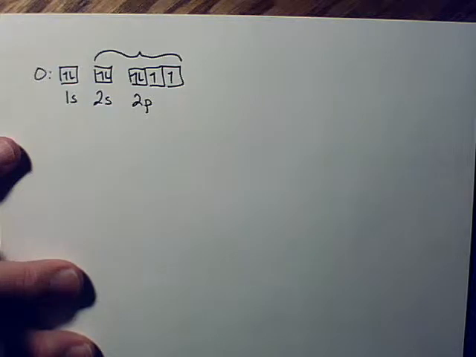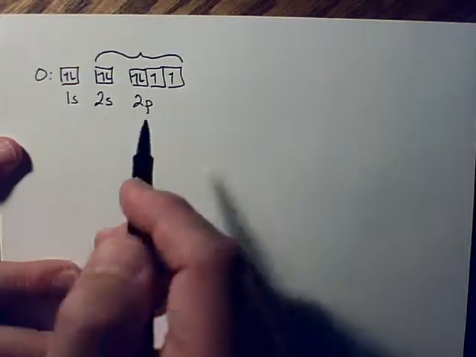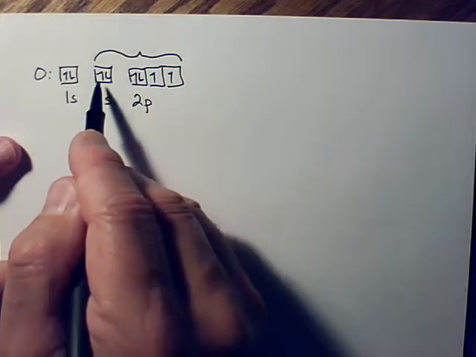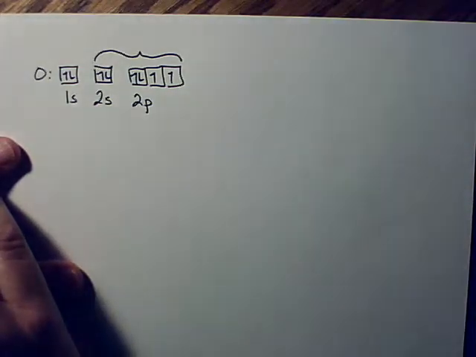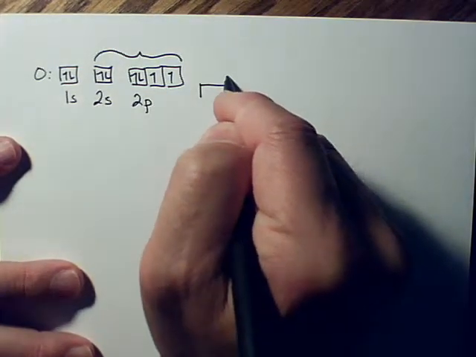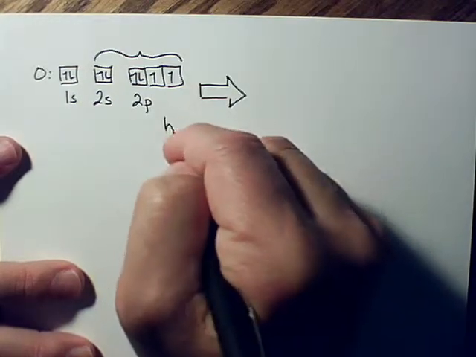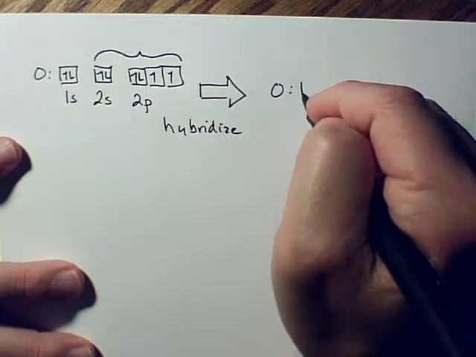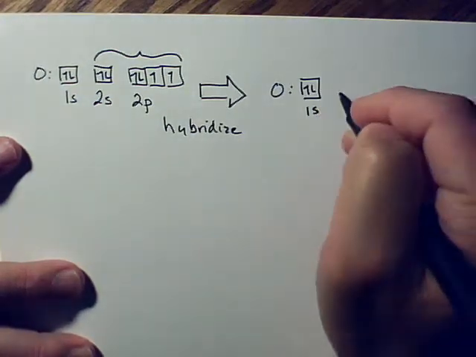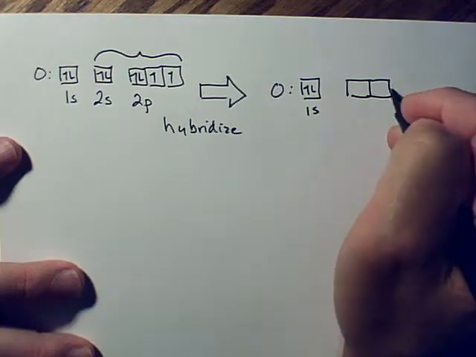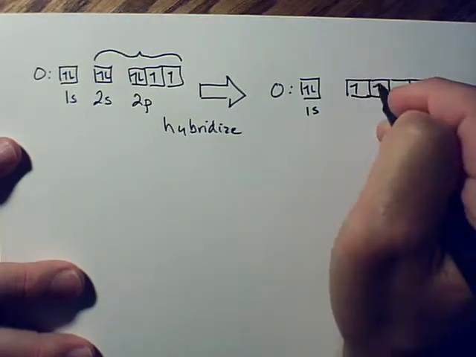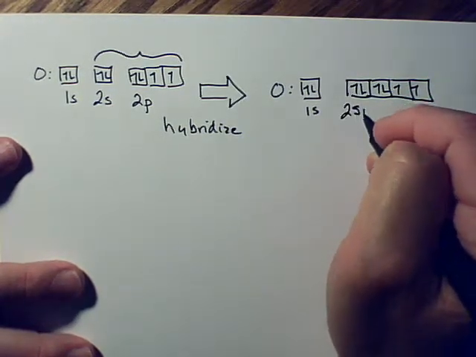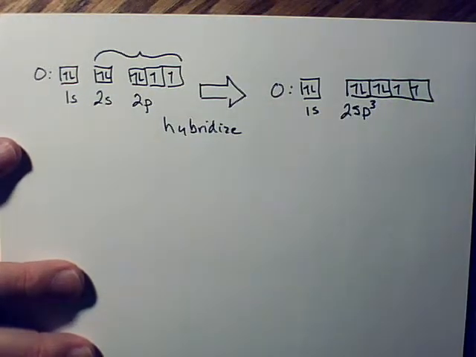Actually, these would be sp3s, because there are 3 p's and 1 s. 1, 2, 3, 1 s, 3 p's, sp3. Okay? So what they do is they hybridize and you get 2 sp3s.